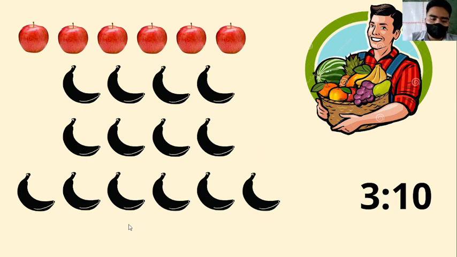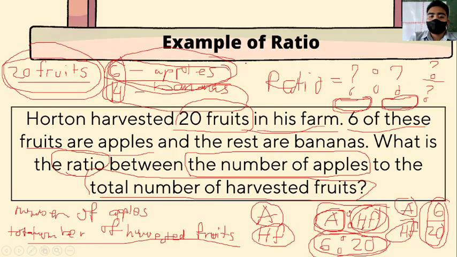Take note of this one. We could tell that the final answer in here is 3 over 10 or 3 is to 10. So those are for the ratios.